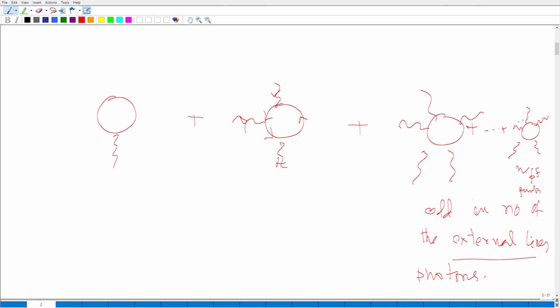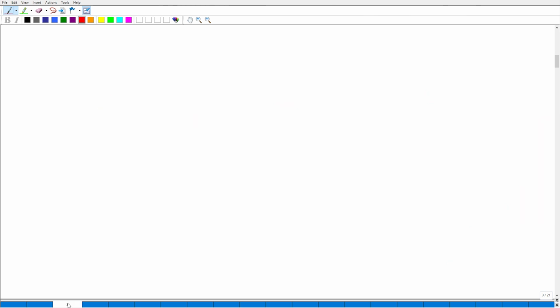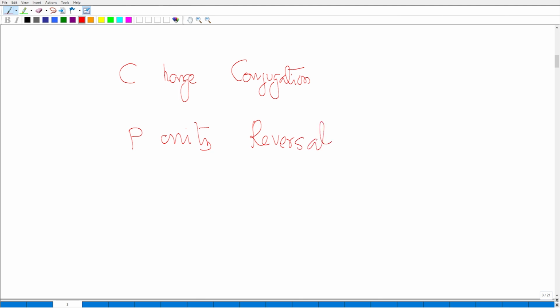And these symmetries are sometimes called symmetry under charge conjugation, parity, or time reversal transformations.